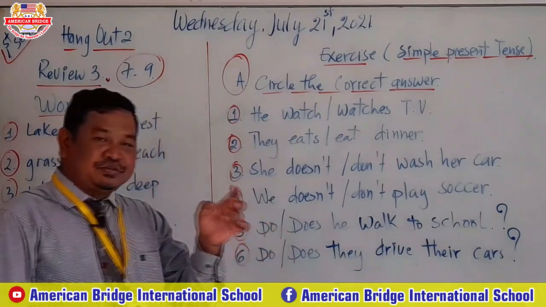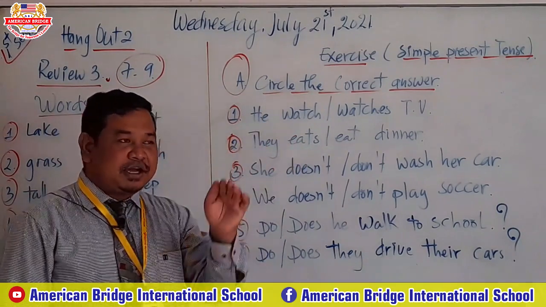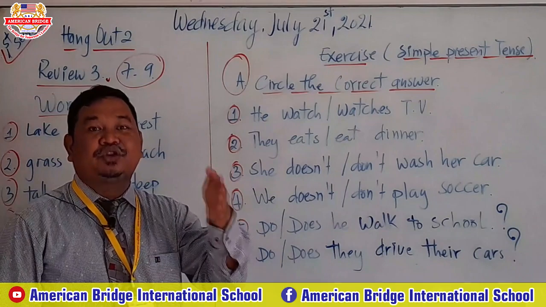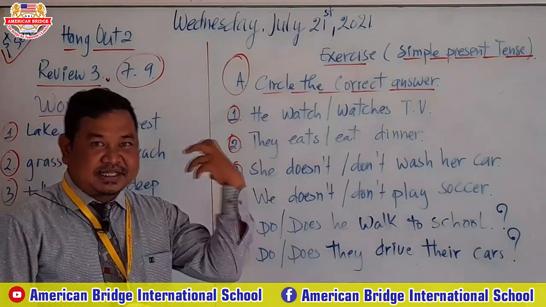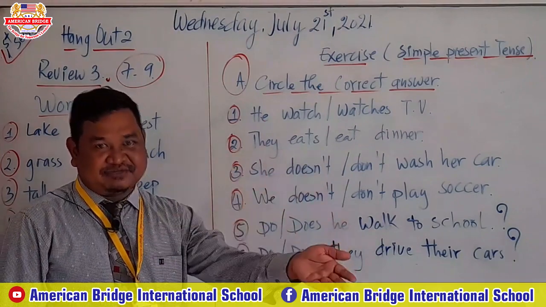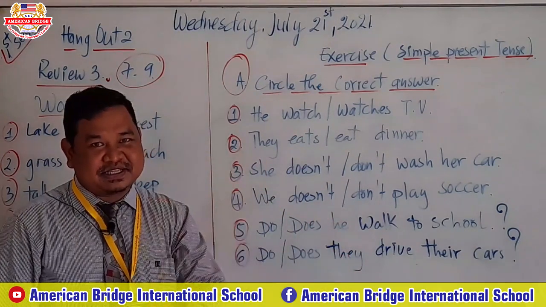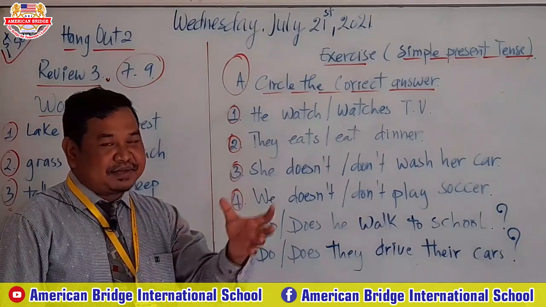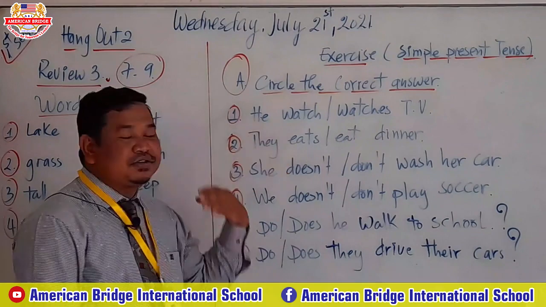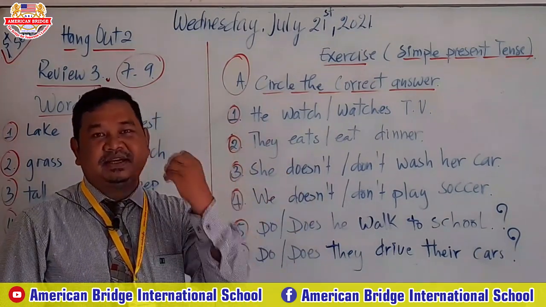And if you want to make a present simple sentence negative, you have to use doesn't, does not, or don't, do not, based on our subject, singular or plural, third person singular, first person, or second person. Based on singular or plural, we use does, doesn't, does not, don't, do not, right?